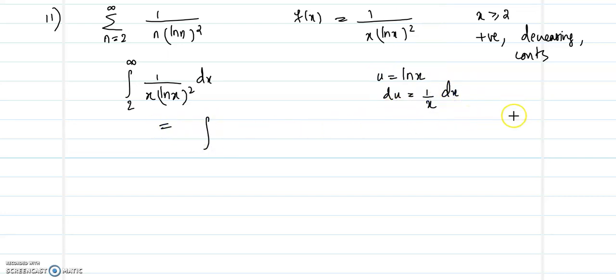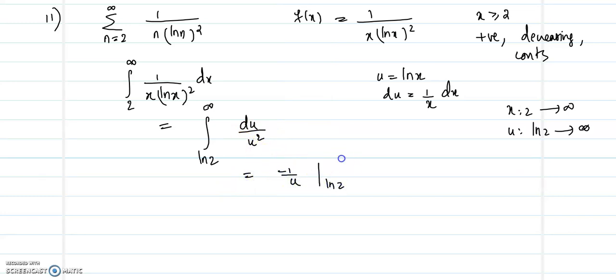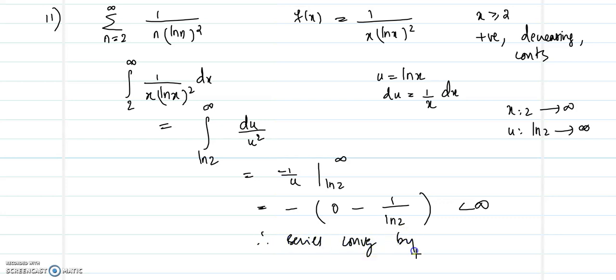So x varies from 2 to infinity, so u will vary from log 2 to log infinity, which is infinity. 1 by x dx will be du, so we'll get integral of du by u square, which is minus 1 by u from log 2 to infinity. So we'll get minus of, at infinity 1 by infinity is 0, minus 1 by log 2. So the value is finite. Therefore the series will converge by integral test.